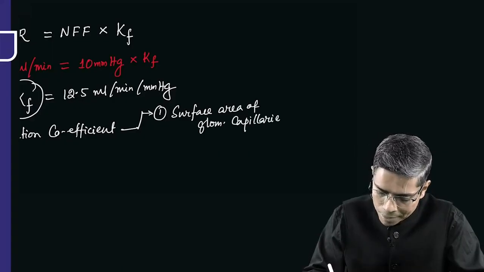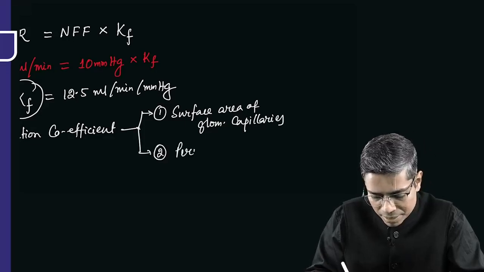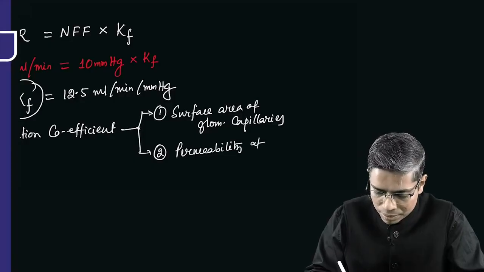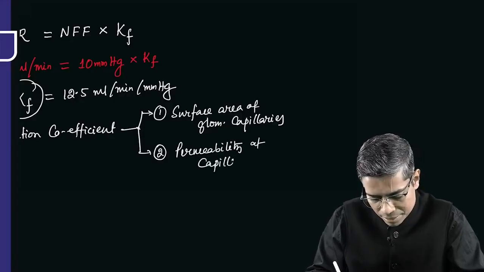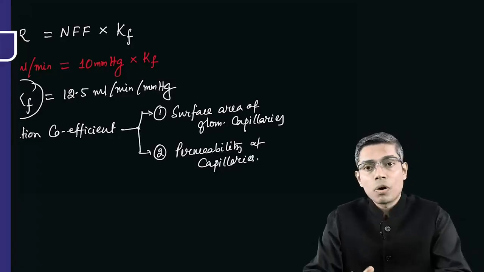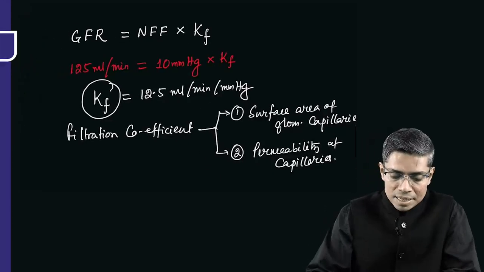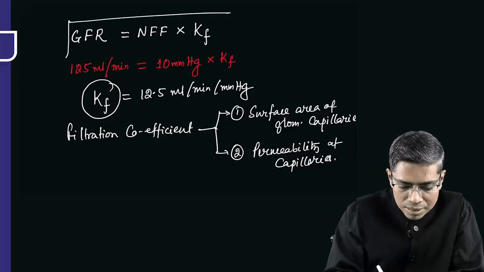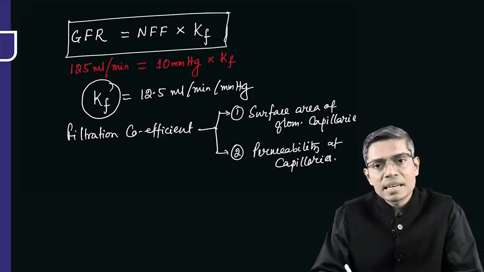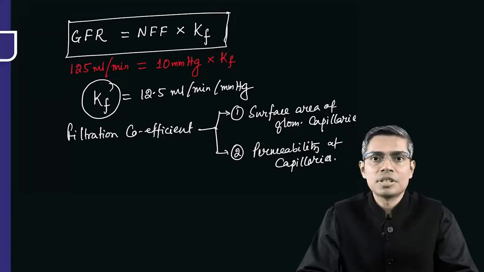And the second one is the permeability of glomerular capillaries. So these are the two parameters on which the constant, the Kf filtration coefficient, depends. So you can easily understand from this equation that due to any reason, if the Kf is changing, then GFR will also change. If the Kf is decreasing, the GFR will decrease.